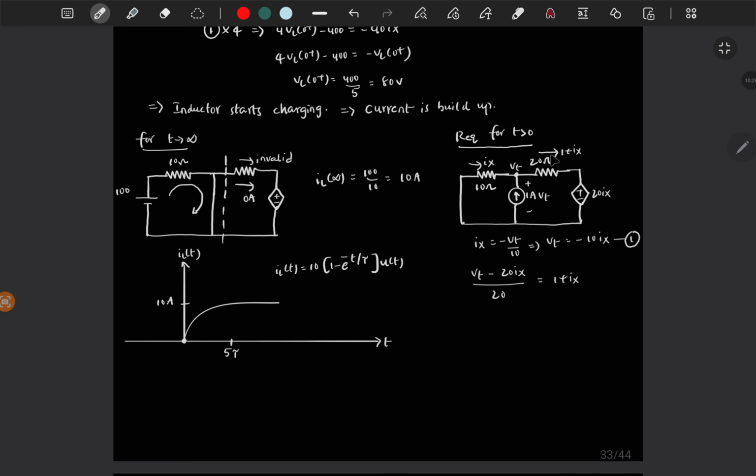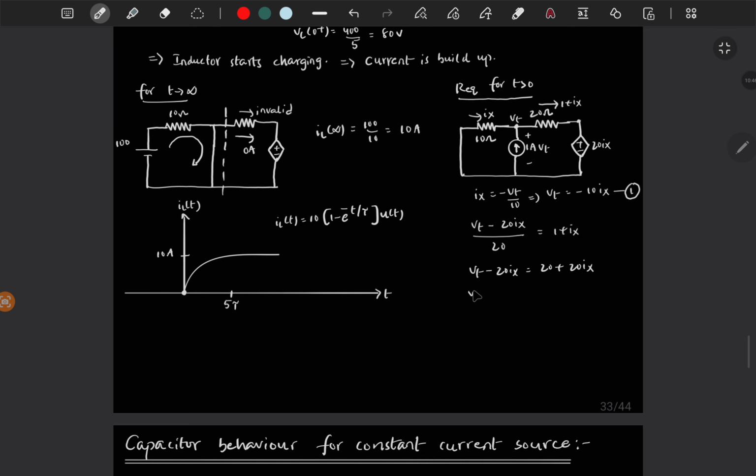So I am just writing this current. 1 plus Ix is equal to this node voltage minus this node voltage, which is 20 Ix, divided by 20. So Vt minus 20 Ix by 20 is equal to 1 plus Ix. So Vt minus 20 Ix is equal to 20 plus 20 Ix. So Vt is equal to 20 plus 40 Ix.